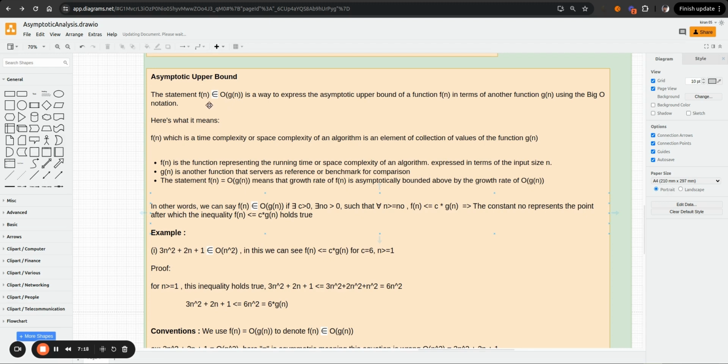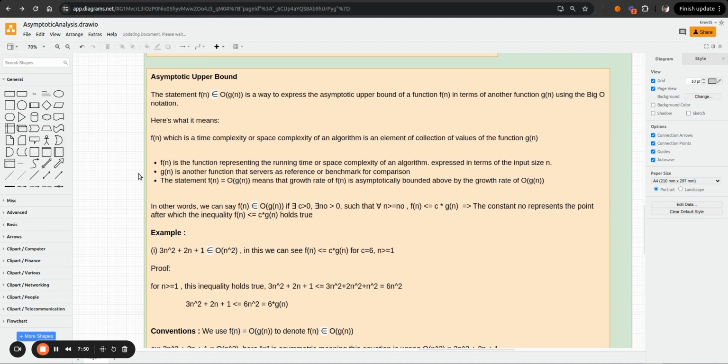Here f of n is the time complexity of an algorithm, and we are saying that f of n belongs to the set or collection of elements of big O of g of n. Here g of n is the upper bound time complexity. So the time complexity of the algorithm will always be less than the upper bound time complexity. This is how we usually express it.